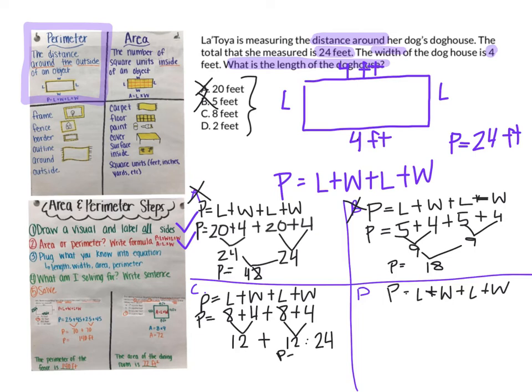So our perimeter here is 24 feet. We are looking for a perimeter of 24 feet. So when we plugged in 8 as our length and solved for perimeter, we got a perimeter of 24 feet. So we are going to circle answer choice C.